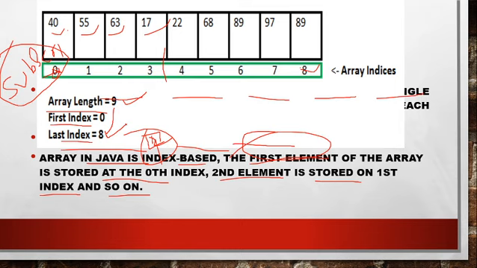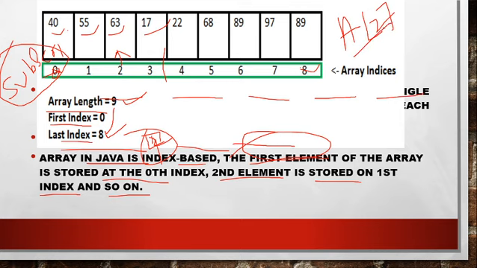Now here one more thing you can see. Suppose the name of the array is A. If I ask you what is the value of A2, in A2 you can access this particular value. So array also provides this type of facility that from a particular index you can use that value.